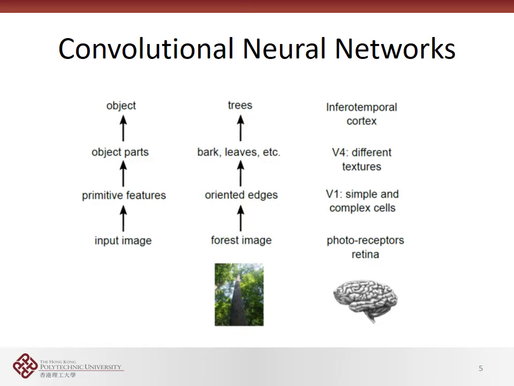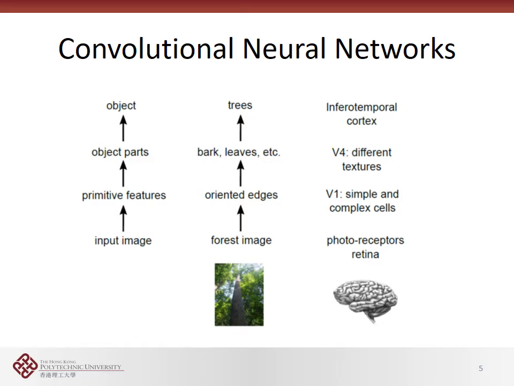Many years ago, scientists discovered that the animal visual cortex contains complex arrangements of cells and observes things in a hierarchical manner.